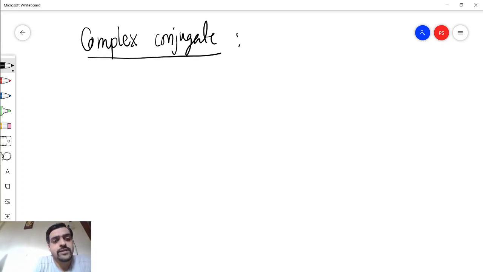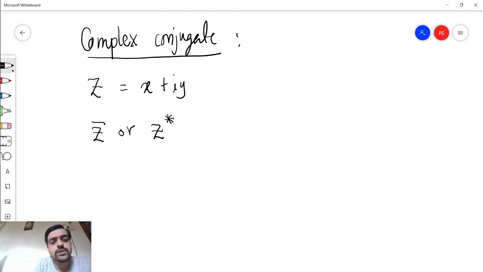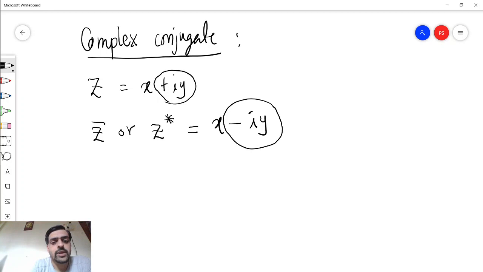It is defined for a complex number z equal to x plus iy as z bar, or z star in some books, and is given as x minus iy. So we have to change the sign of the imaginary part. That thing we have to remember.